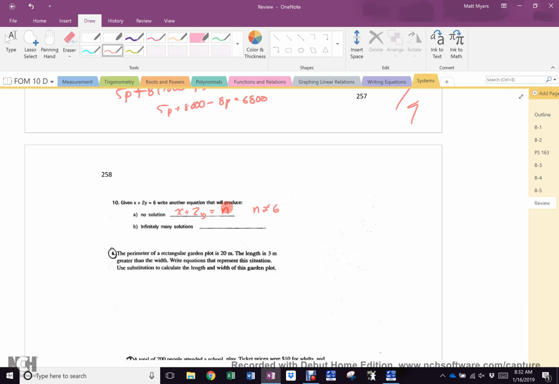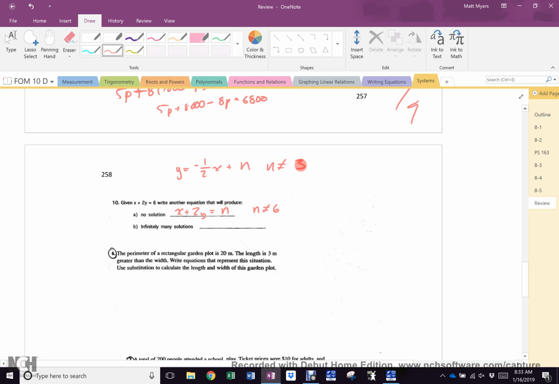Okay? I kind of went ahead and just put it into y-intercept form. No problem with that. y equals negative 1/2 x plus 3. So, if you have that, it's y equals negative 1/2 x plus n, and n can't equal 3.